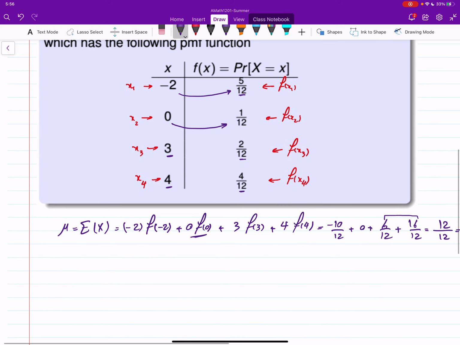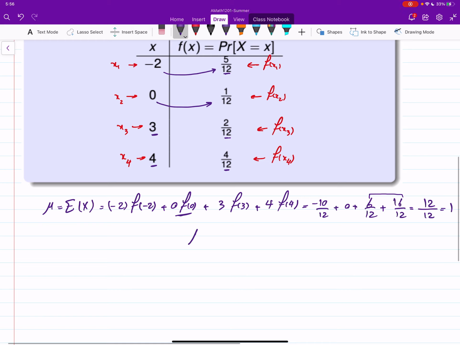So what we found here is that the expectation, or mean, or expected value of x is equal to 1. It's important because I want to use it to calculate the variance of x. So for the variance of x, the first formula says to take x minus mu squared, then the expectation of that.